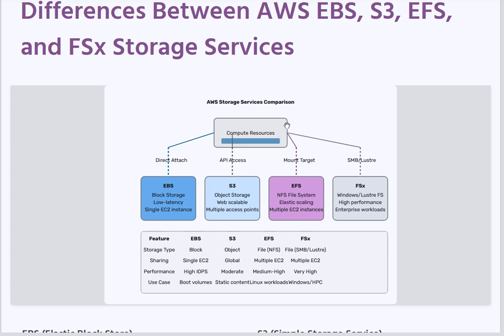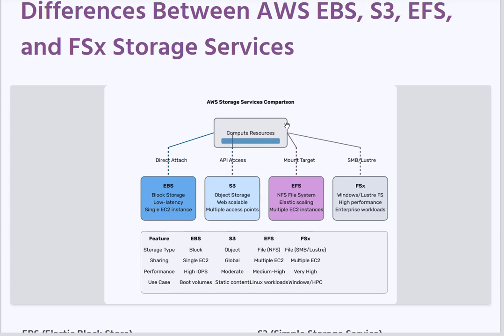It can be an EC2 machine, but it can be another computer as well. An on-premises computer can access some of these services like SMB or EFS file system. So let's think about this as an EC2 instance acting as a computer resource.